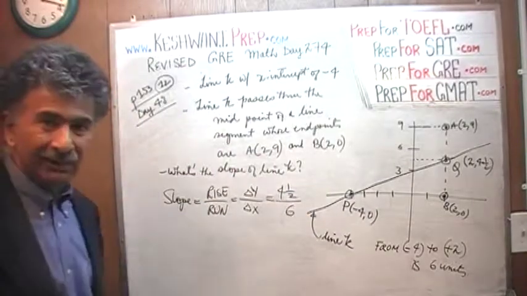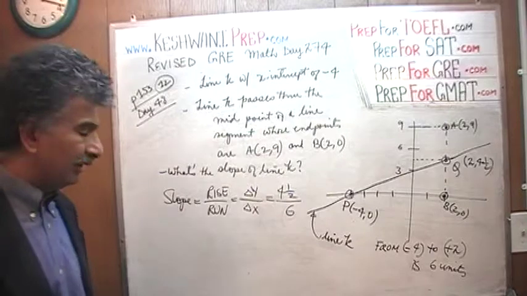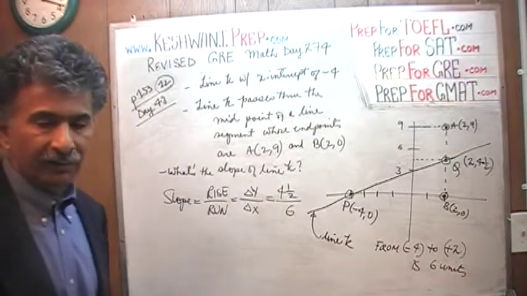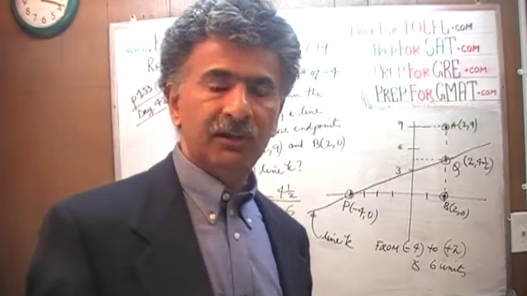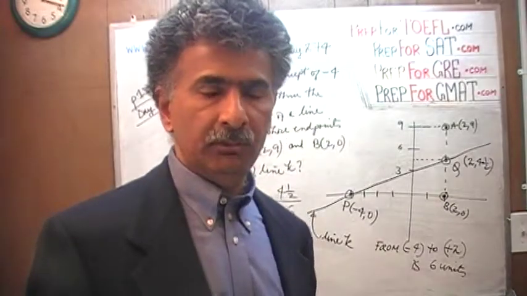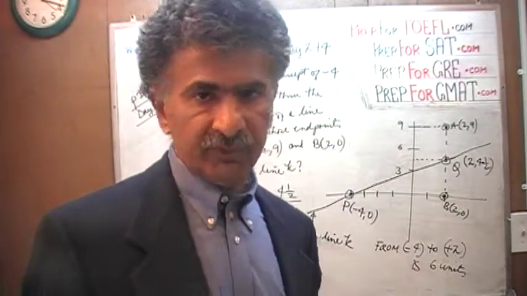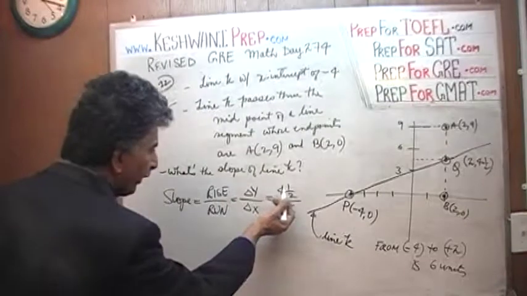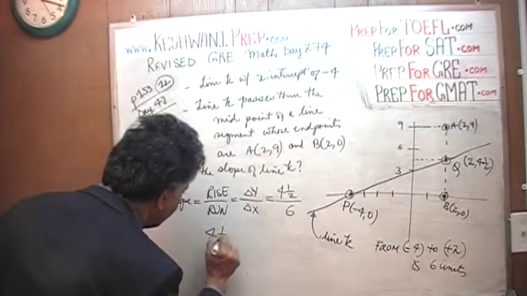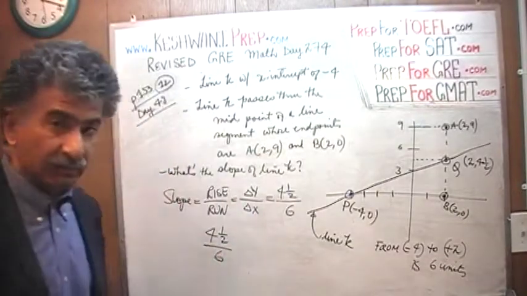But of course we cannot leave it in such an ugly state. We have to make it look more elegant, a little bit more presentable. It's 4.5 divided by 6. Somehow we have to get rid of this half.